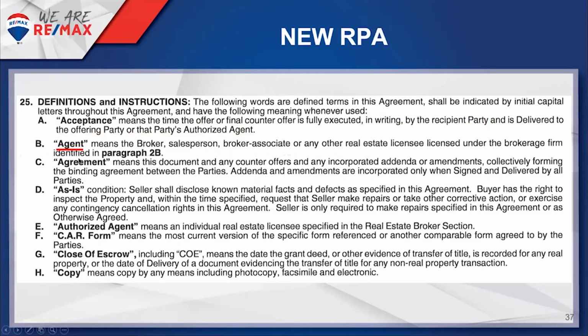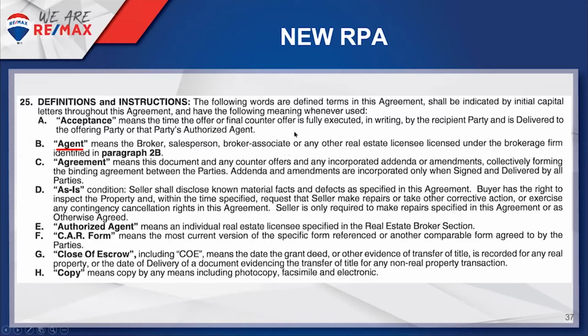Okay, so agent, different than authorized agent. Agent means the broker, the salesperson, or a broker associate, or any other real estate licensee whose license is under the brokerage firm. So agent is sort of company-wide, broker-wide. Everybody within RE/MAX Connections is a RE/MAX Connections agent. So when the word agent appears, it could be any person within RE/MAX Connections.